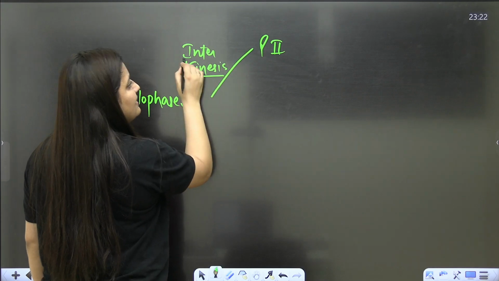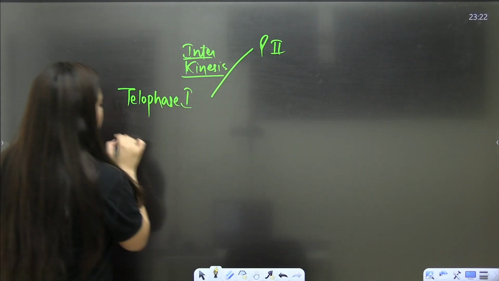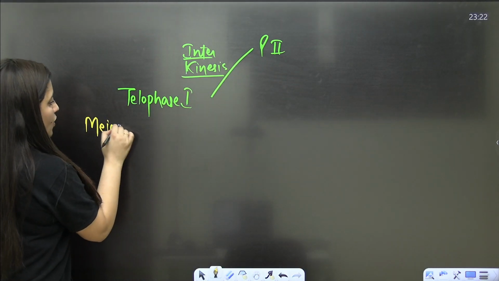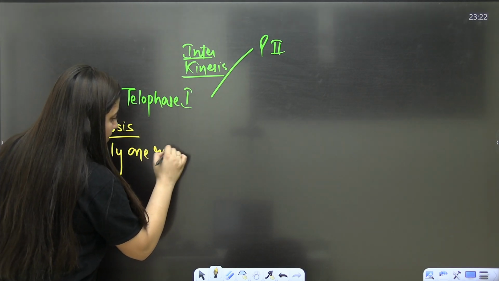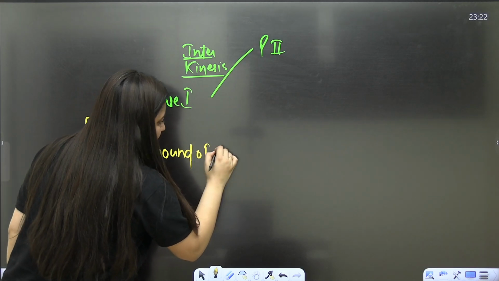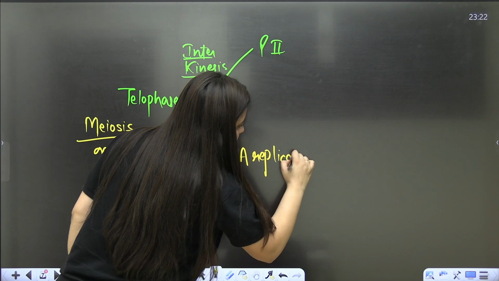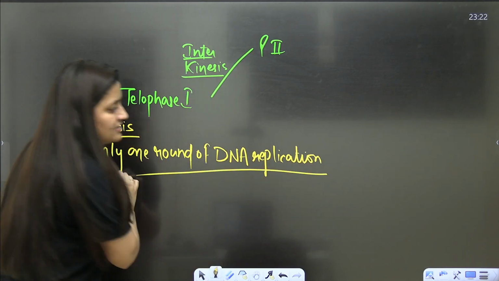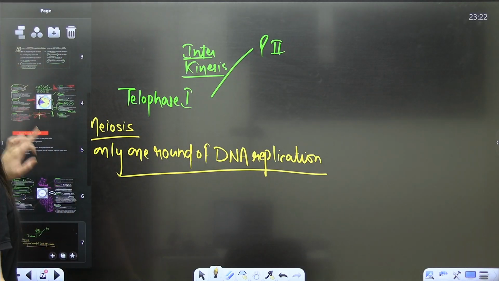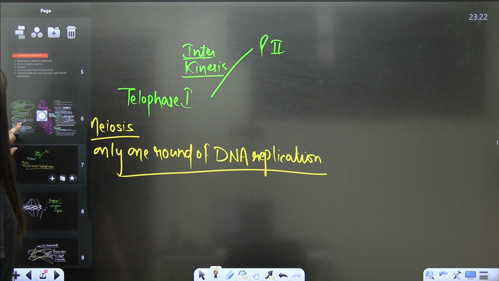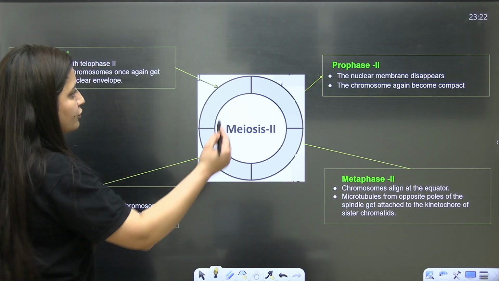So students, interkinesis will occur, but let me tell you, in meiosis there will be only one round of DNA replication, which will occur only in S phase, but there will be 2 times the nuclear division and the cytoplasmic division. That is what you have to remember. If your concepts are clear, you'll understand it in a better way. Understood? So after telophase 1, let's move to the prophase 2.